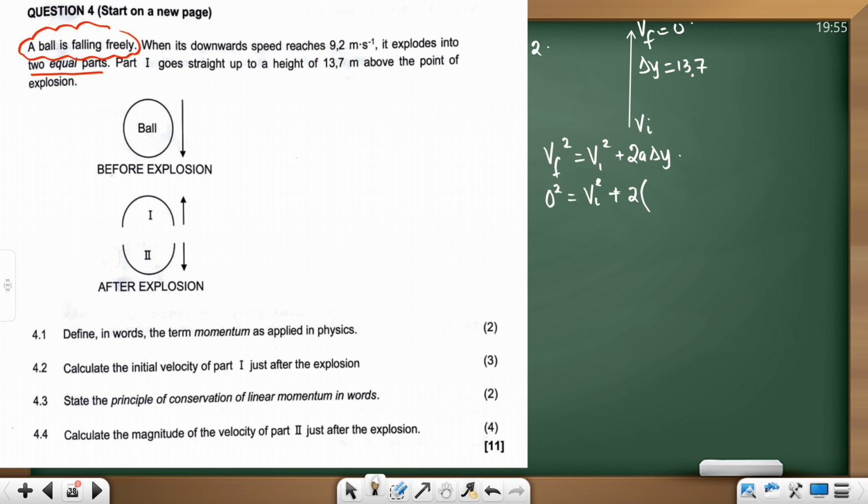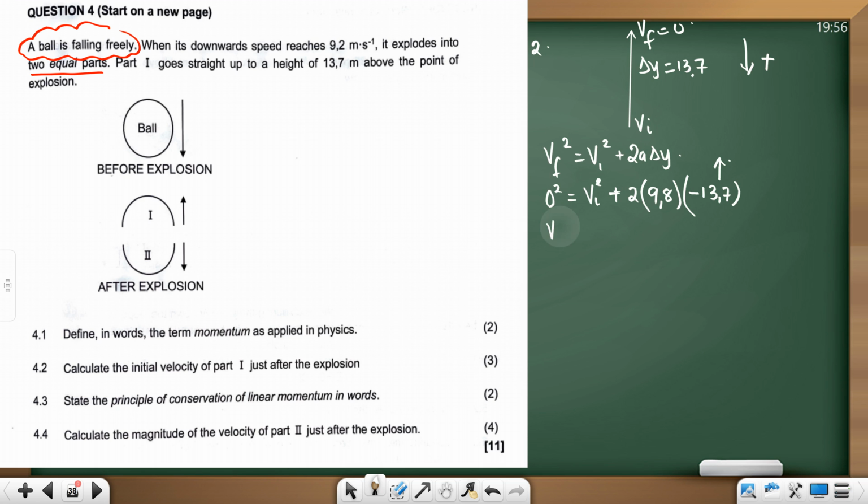What is my a? Oh, let's choose downward as positive. If my downward is positive, upward will be negative. But acceleration is always downward, so 9,8. What is my delta y? Negative 13,7. Why? Object is going up. We chose downward as positive.